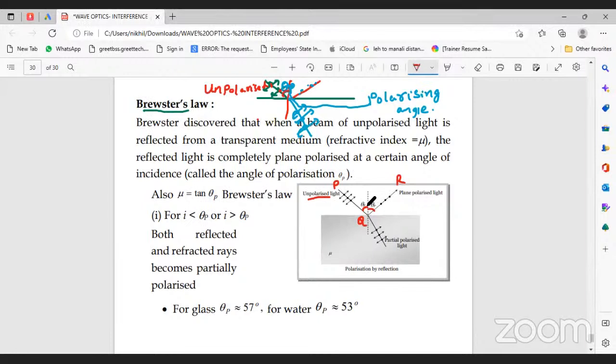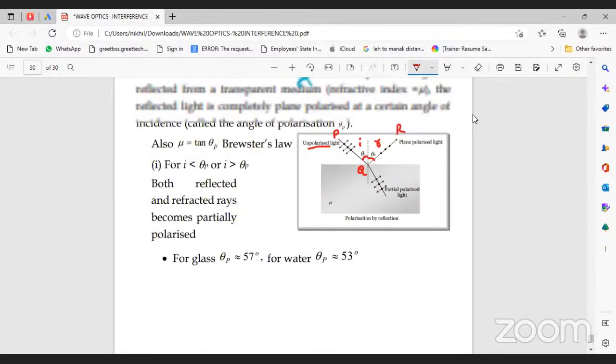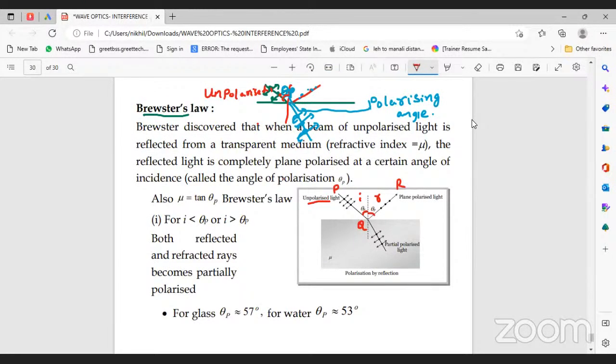This is also the polarizing angle, because you know that the angle of incidence is equal to the angle of reflection.